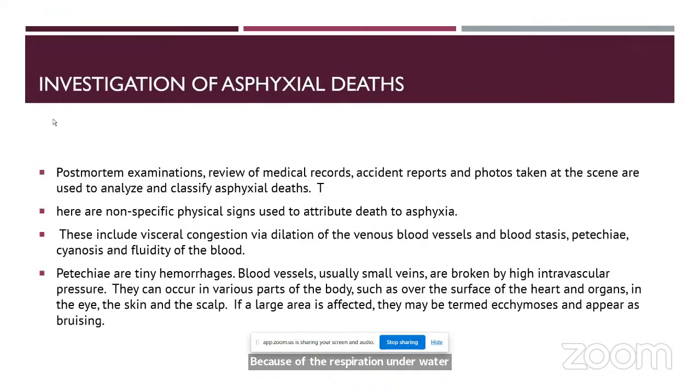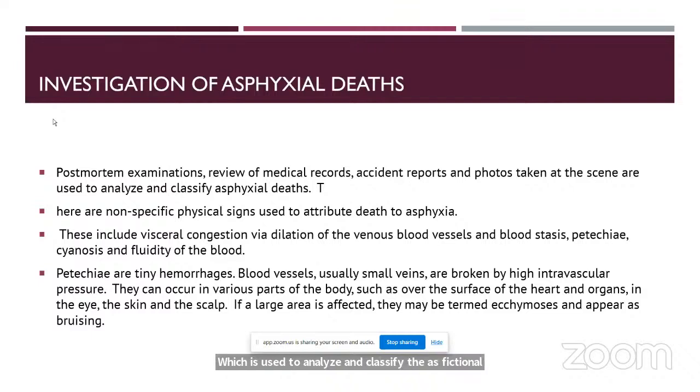Now this was about asphyxia. We have discussed all the causes and the medico-legal importance of asphyxia. Now, how is investigation of asphyxia done? The post-mortem examination reviews the medical records, accident reports, and photos taken at the scene, which are used to analyze and classify asphyxial deaths.